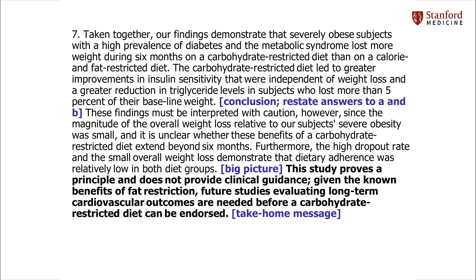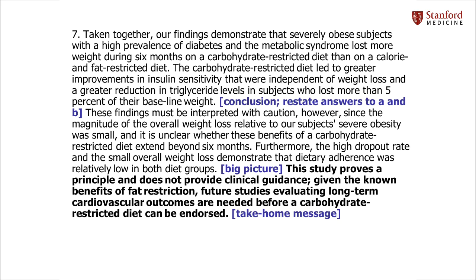Then they go on to give some other big picture things. They give a caution. They want to say this doesn't mean that everybody should rush out and go on a low-carb diet because in the grand scheme of things, the weight loss was still pretty small, even in the low-carb group. Also, there was a high dropout rate, which means the diet is hard to stick to. So based on all that, they end with a take-home message to physicians.